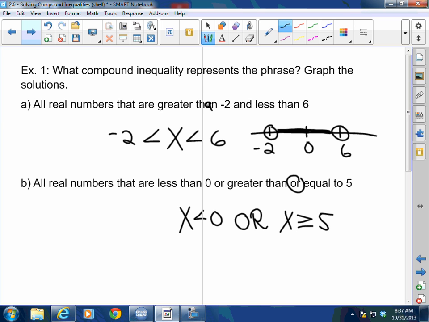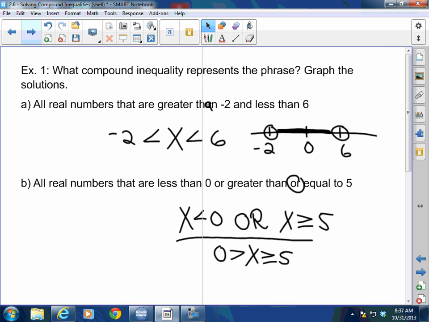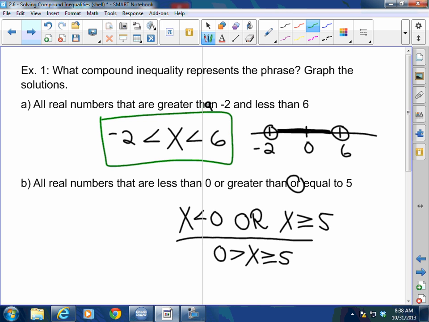If you wanted to write that as a single inequality, you could. X is less than 0, but greater than or equal to 5. Either one of these would work. If it's an and, it always has to be a single inequality. If it's an or, it could be individual or a single. Does that make sense?